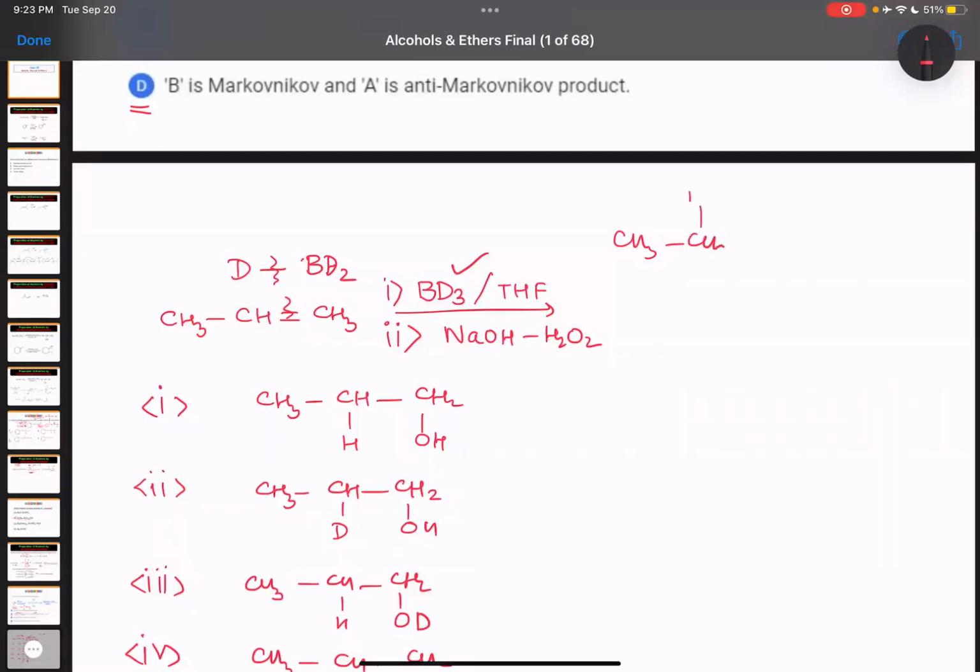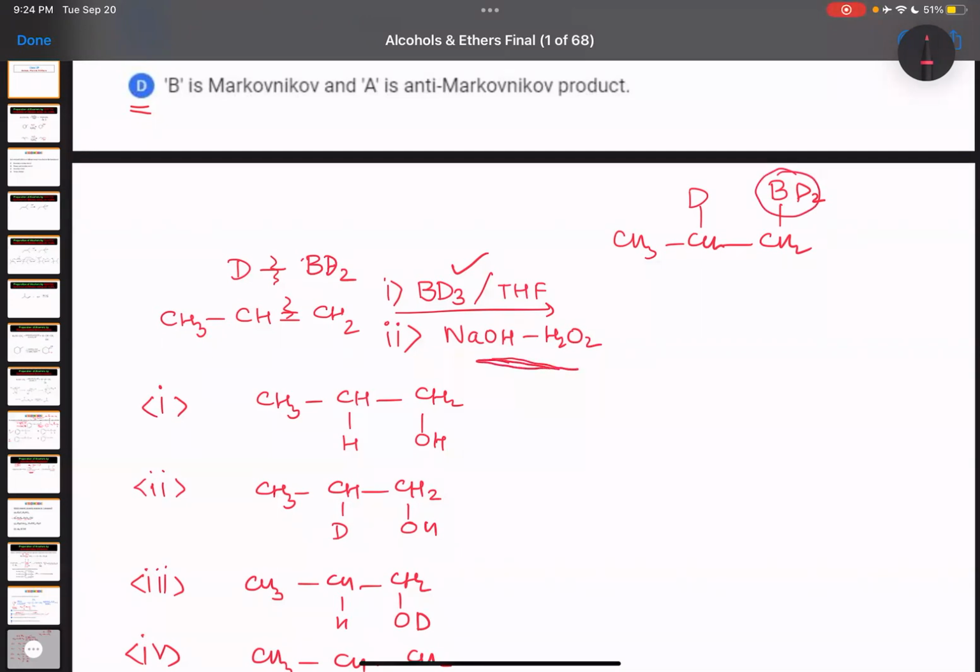CH3, CH, D, C, this is CH2 and BD2. Do you agree with this? This is the first step. Yes, sir. And finally, this boron will be replaced by OH, because here you have not taken any deuterium.